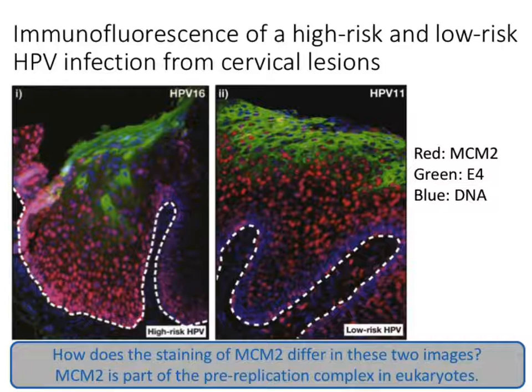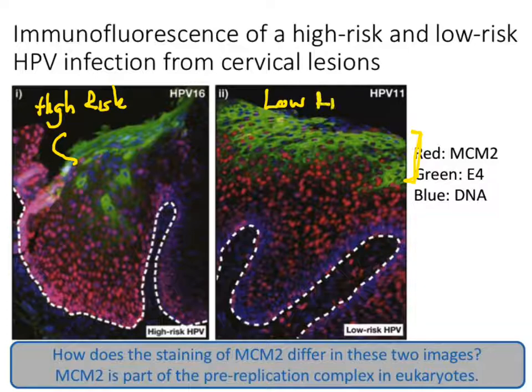The E4 protein from HPV is expressed in those differentiated keratinocytes towards the top. E4's function is to modify the filaments to allow for the release of the virus from those keratinocytes. And then the blue represents just DNA. One of the things that we pointed out here that is a key characteristic between the high risk, which includes 16, and those are the ones that we associate with cancer.